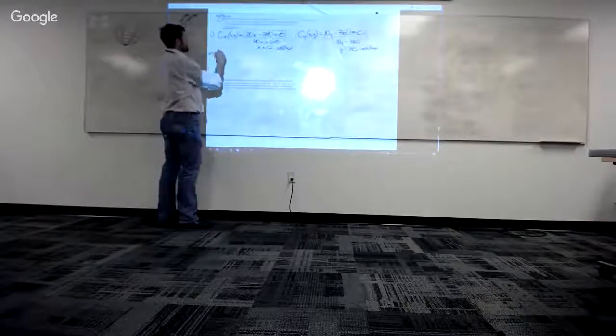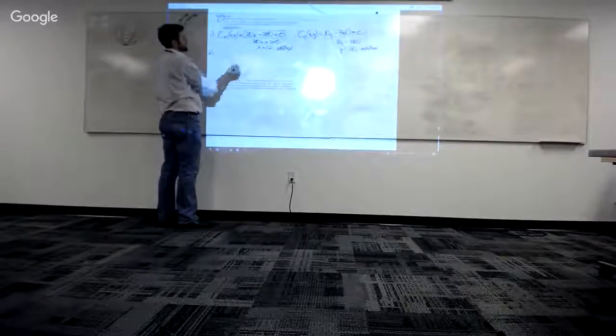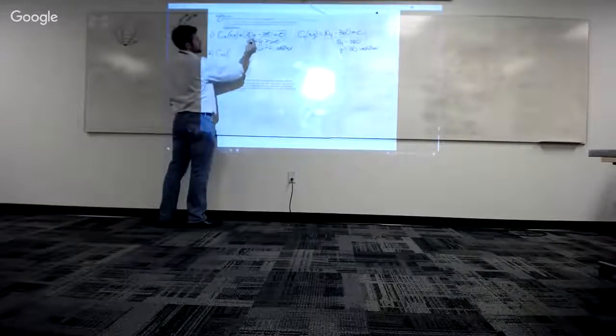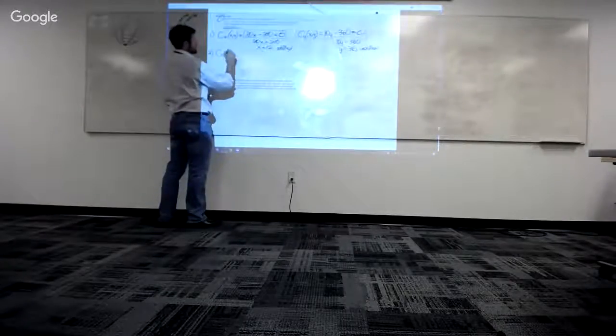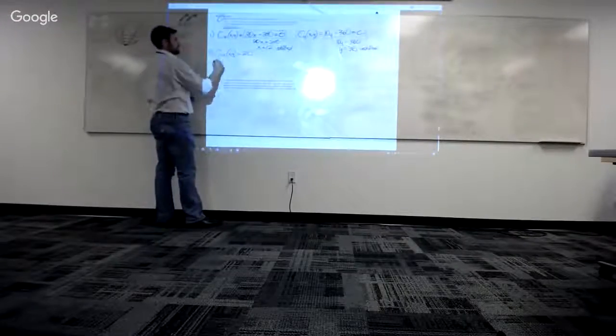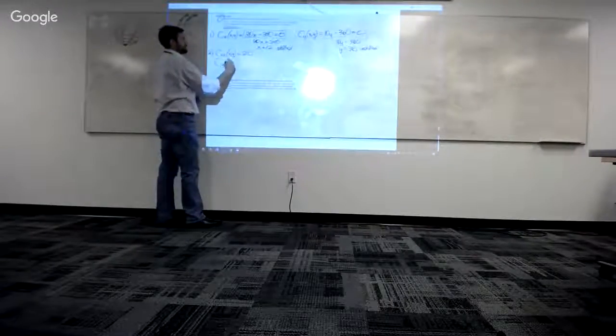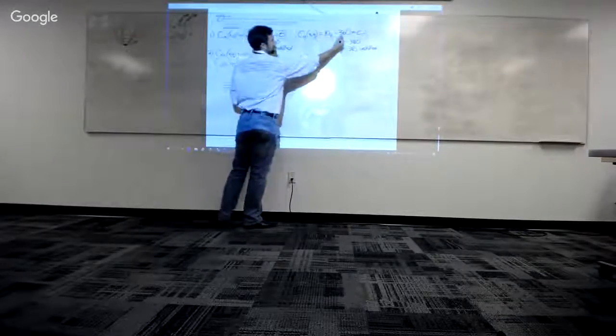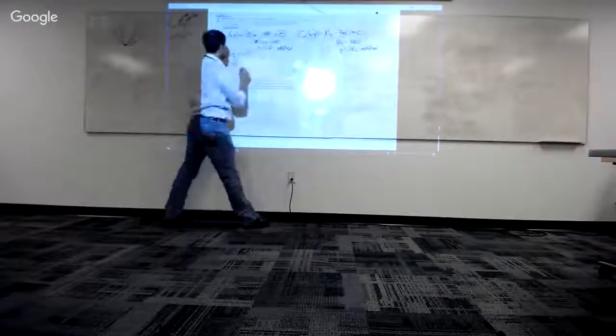So now we're going to do c little x little x. With respect to x, the derivative of 20x is just 20. And now we need to find c little y little y. Taking the derivative with respect to y, it's just 10.